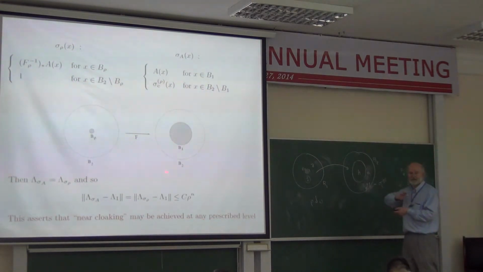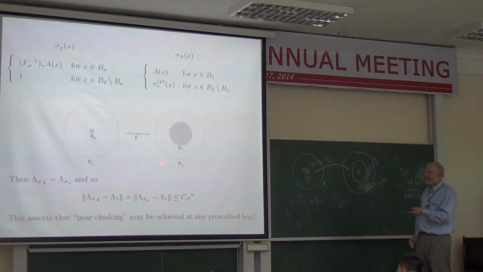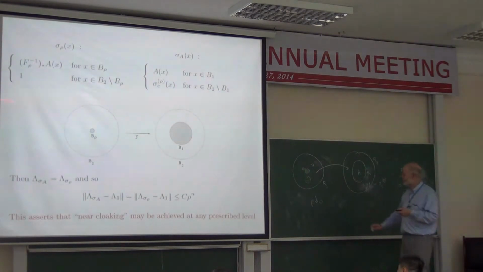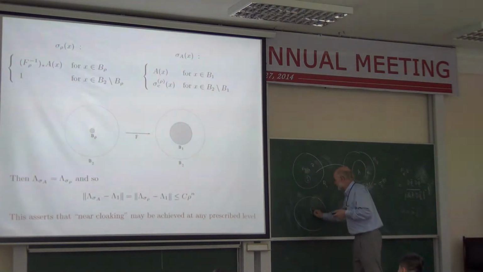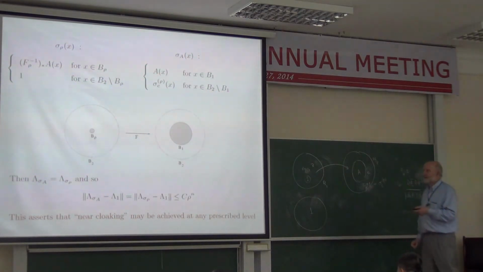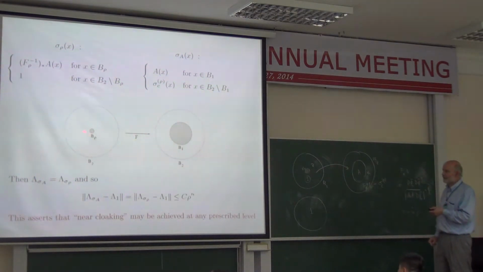No doubt about that, because they're just a push forward of each other. The question you can ask is, how far is this situation here from the situation with 1? So if I have 1 out here and I have a small hole of radius rho, where I have something inside that I have no control of, because it's whatever you want to hide pushed back. But the only thing I know is geometrically it sits inside a small set.